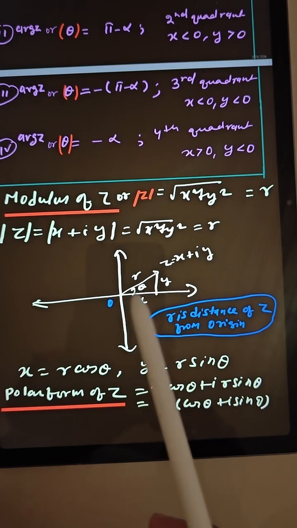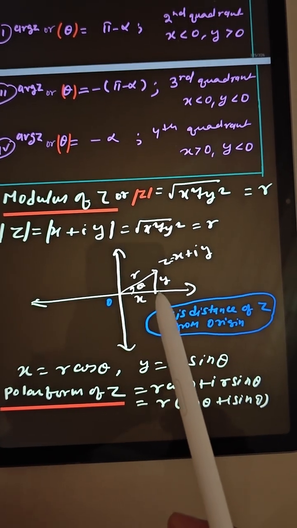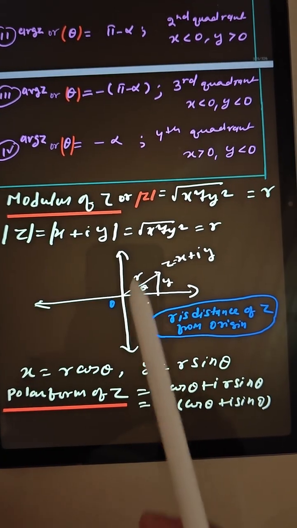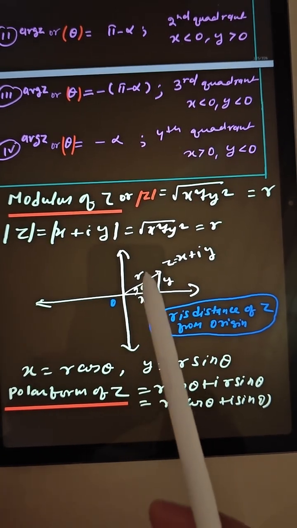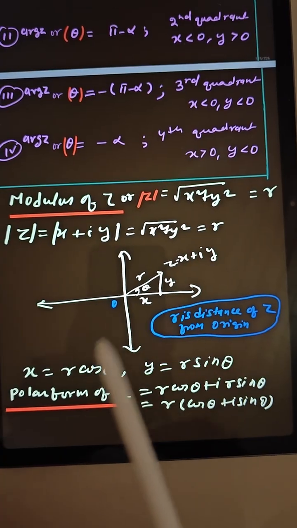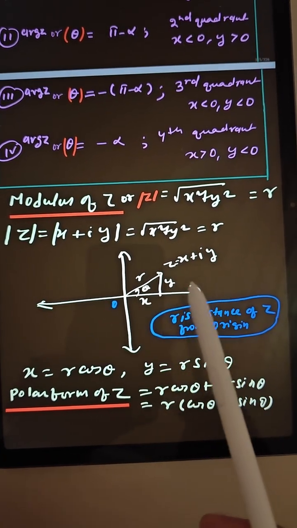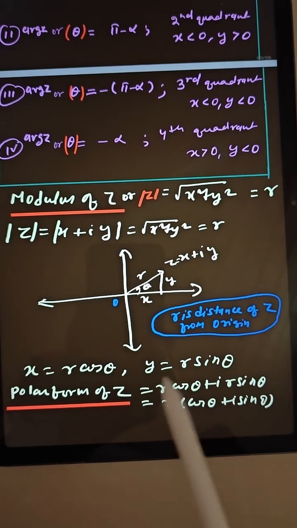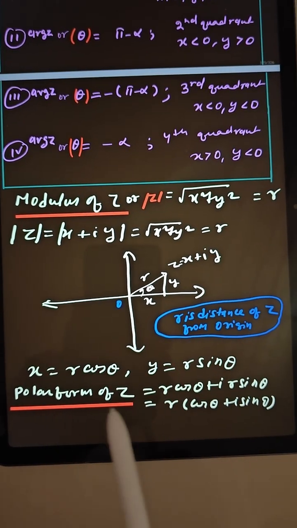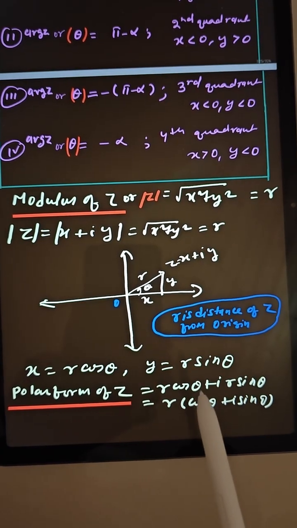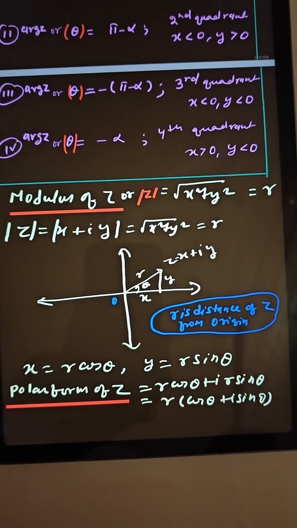This is your x, this is your y. We can write x as r cos theta also, because base by hypotenuse, x by r, is cos theta, so x is r cos theta. Similarly, perpendicular by hypotenuse is sin theta, so y upon r is sin theta, so y is r sin theta. So the polar form of z is represented as r cos theta plus i r sin theta.